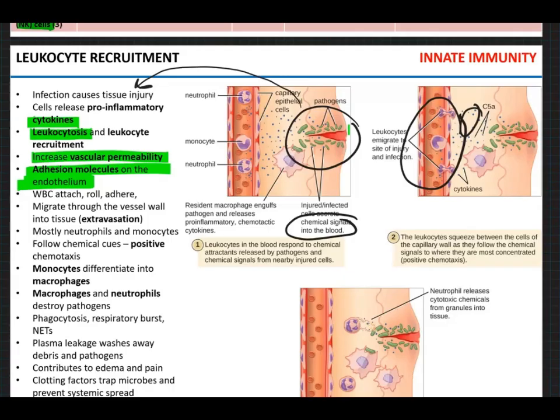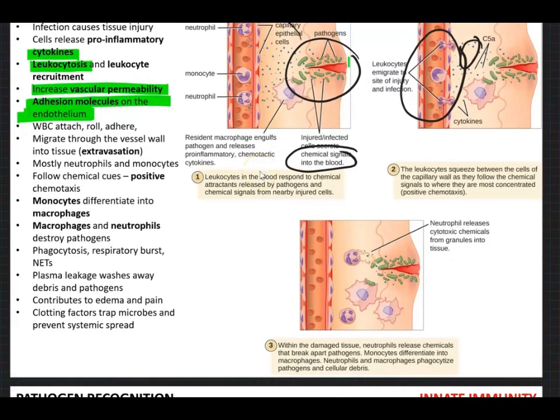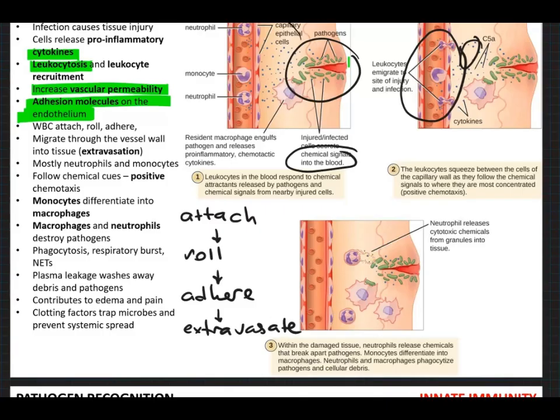Your garden variety white blood cell will attach, roll, adhere, extravasate. I don't think that the verb to extravasate is in Merriam-Webster, but we're going to use it anyway. The term extravasation means out of the vessel.